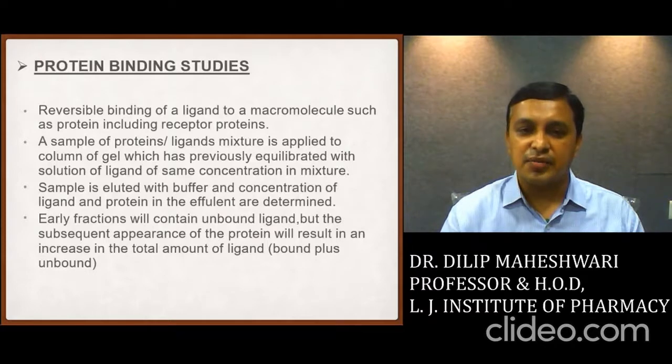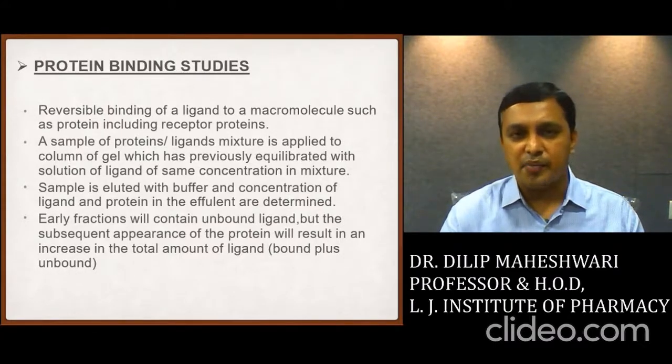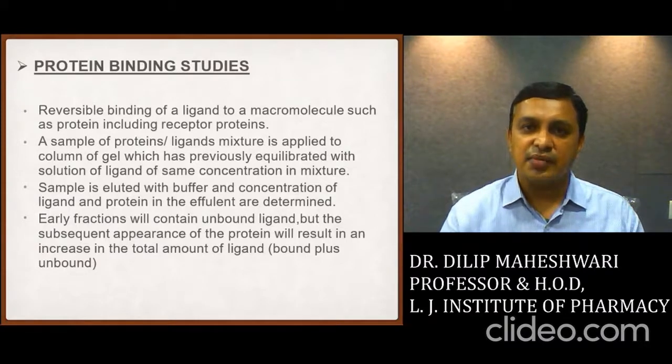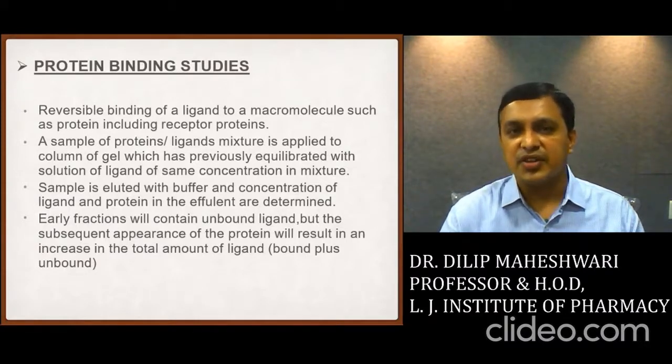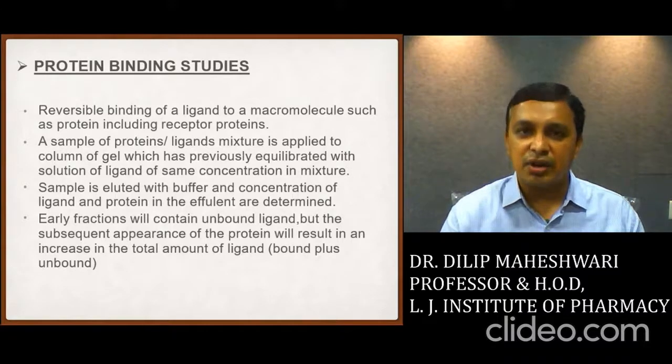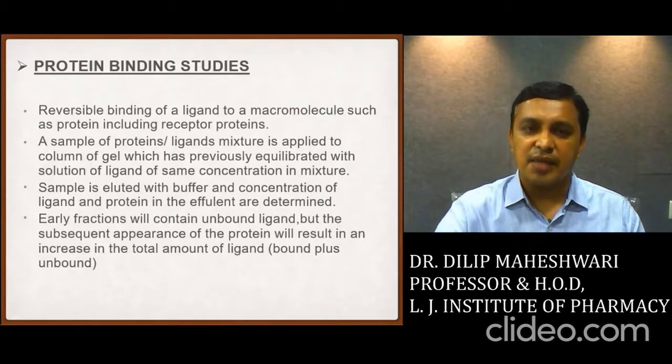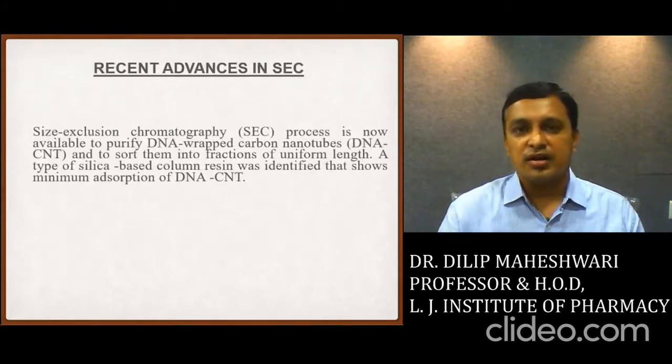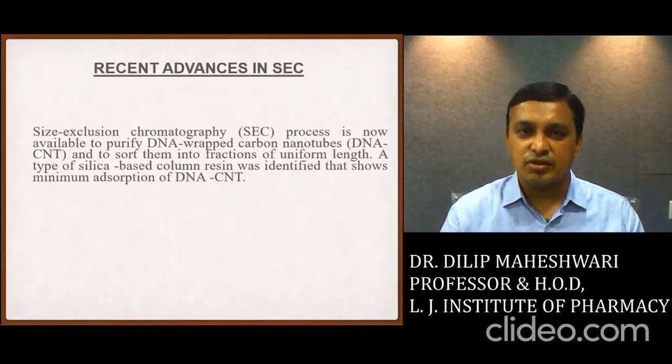Early fractions will contain unbound ligand, but the subsequent appearance of the protein will result in an increase in the total amount of ligand. So in protein binding studies with a receptor, how much of the compound or protein makes a complex with that receptor can be determined by this chromatography. So these are the applications of gel chromatography or size exclusion chromatography.